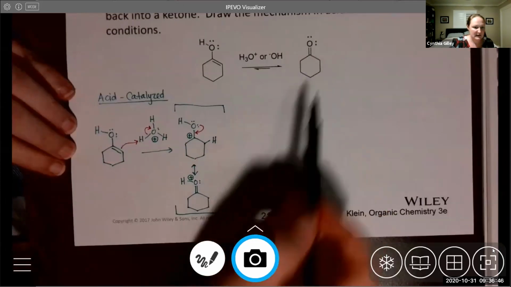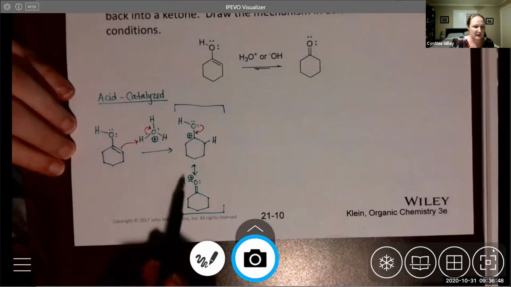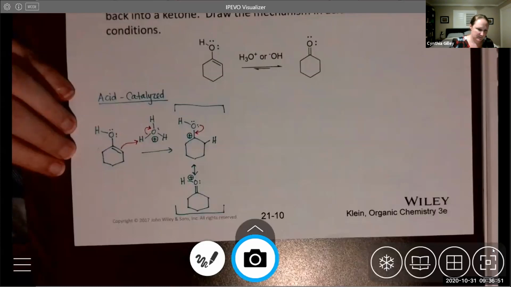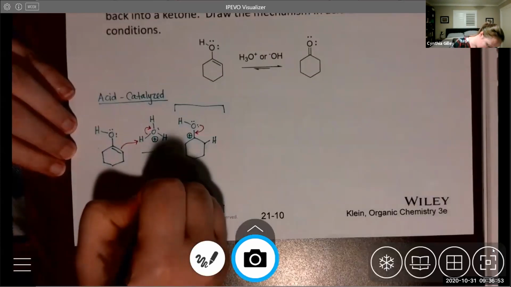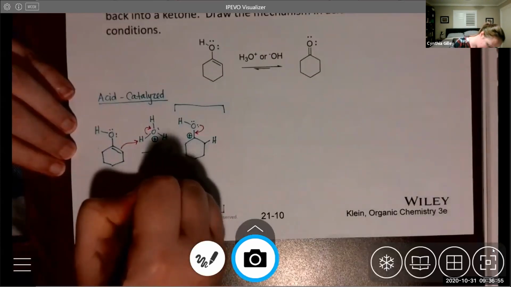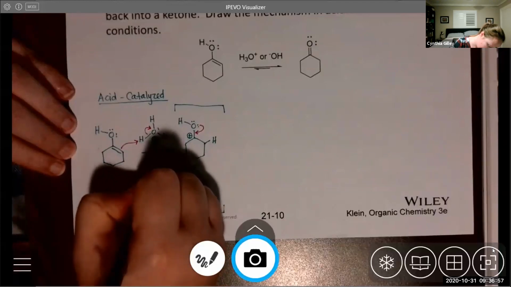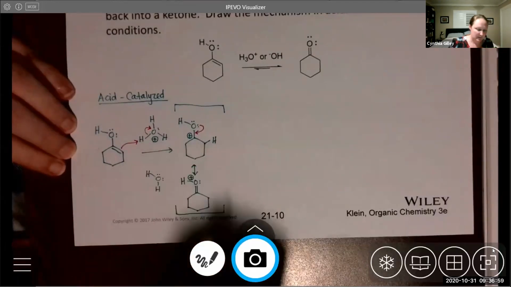All we have to do is a final proton transfer to remove this proton. Water is the best base that we have in solution. Go ahead and draw a water molecule to come and pick up that proton.